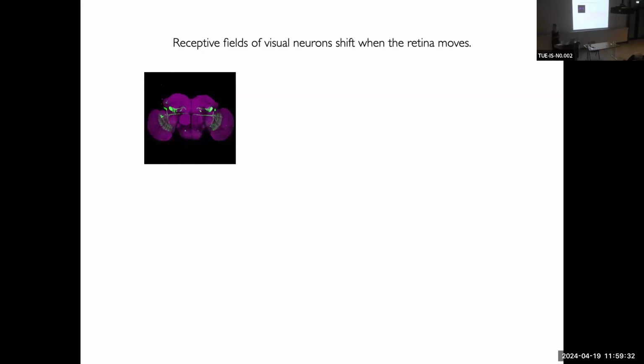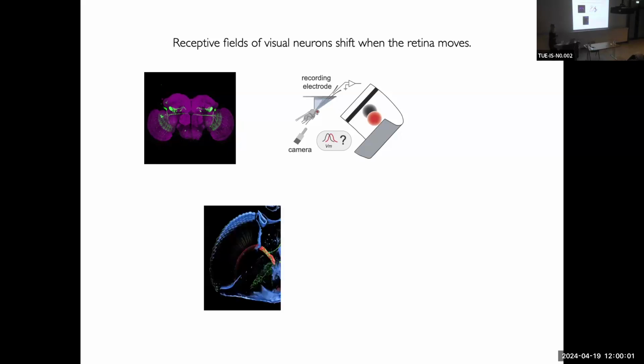And to address that, we recorded from so-called LC14 neurons that have a relatively constricted field of view and basically tile the frontal part of the visual field. And we were asking if the receptive field shifts when we move the retina, and instead of measuring a two-dimensional receptive field, we just measured the response to a stripe because the main excursions are in yaw.